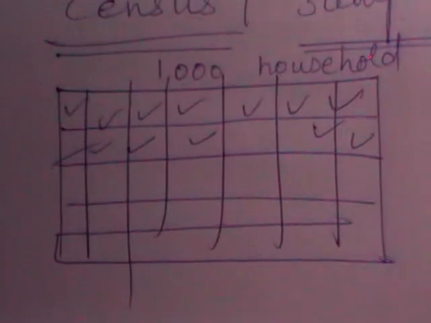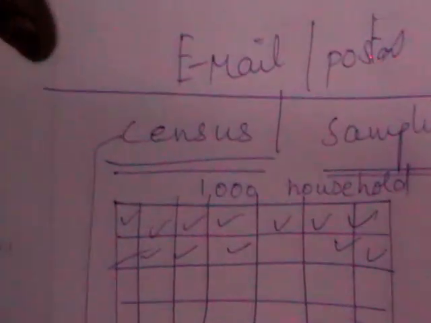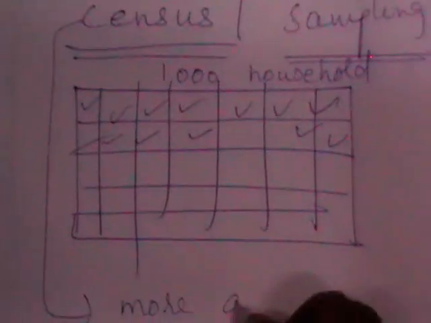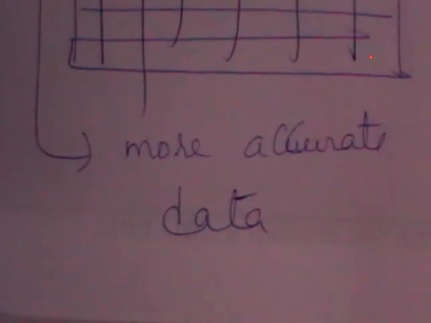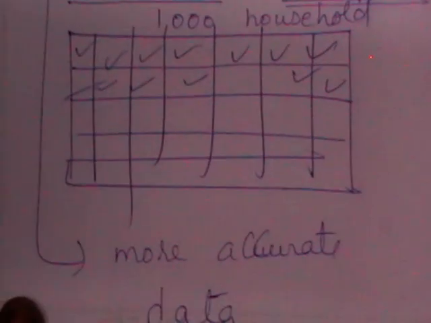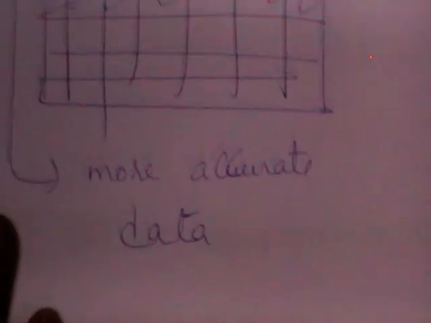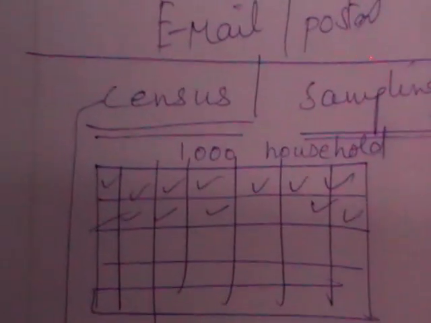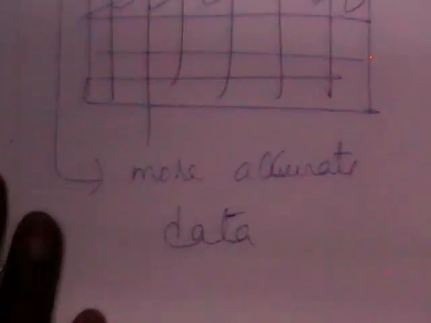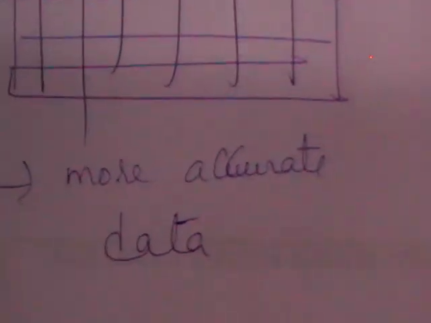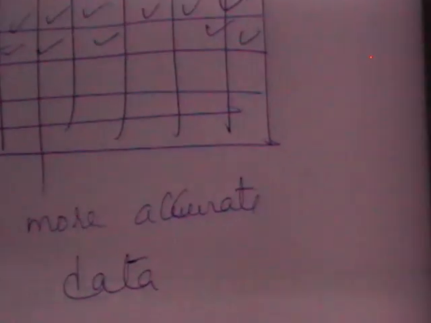So, what is sampling? Using census, as the investigator moves to each and every unit of the population without skipping even one household, he gets more accurate data.